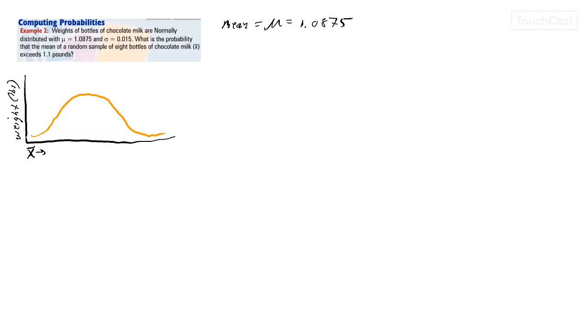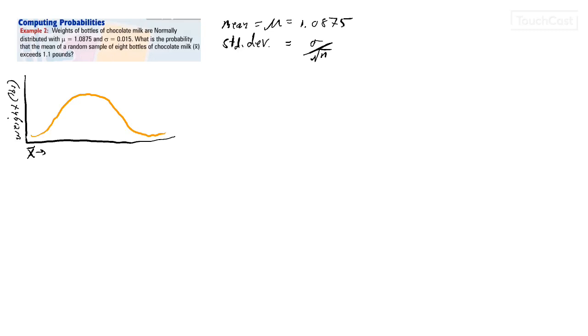We can also figure out the standard deviation of the sample mean by using a formula, which is sigma, the population standard deviation, divided by the square root of the sample size.